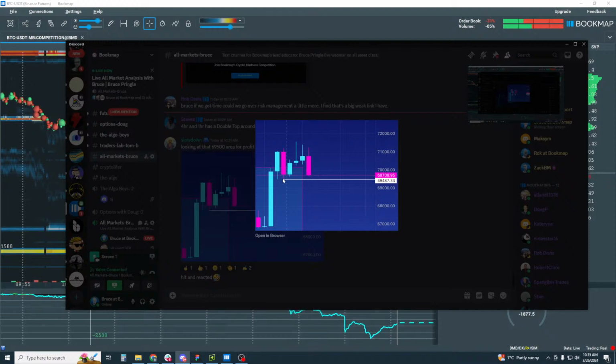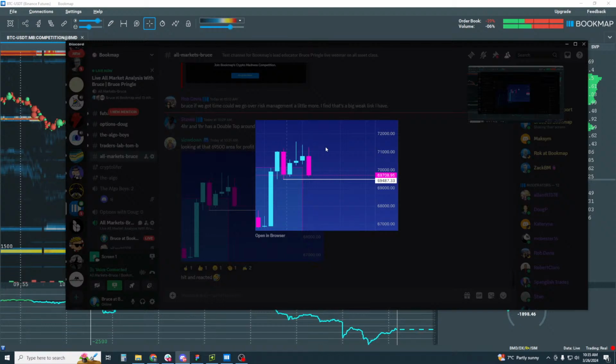But we can look for a breach of the low here, get people stopped out that were in here, get people going short, reverse, come back up into this range, and come to the other side of the range. That's another scenario on the higher time frame.